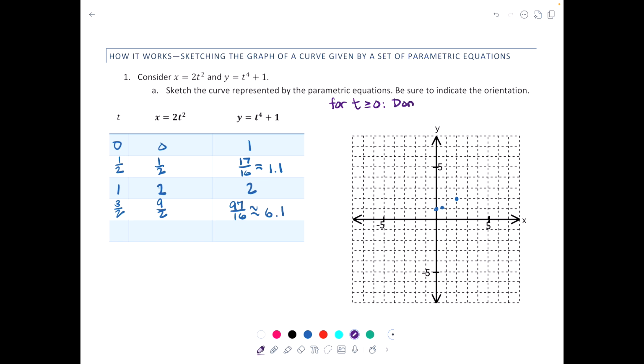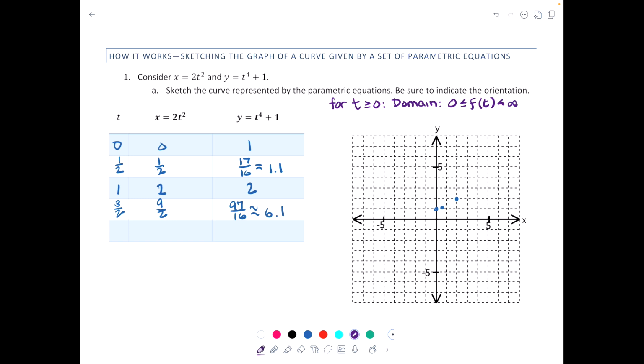Now, if t starts at 0, the domain of the plane curve will be the range of x, remember? So when we plugged in 0 for t, we got 0 is less than or equal to f at t, which is our x, which is less than infinity.